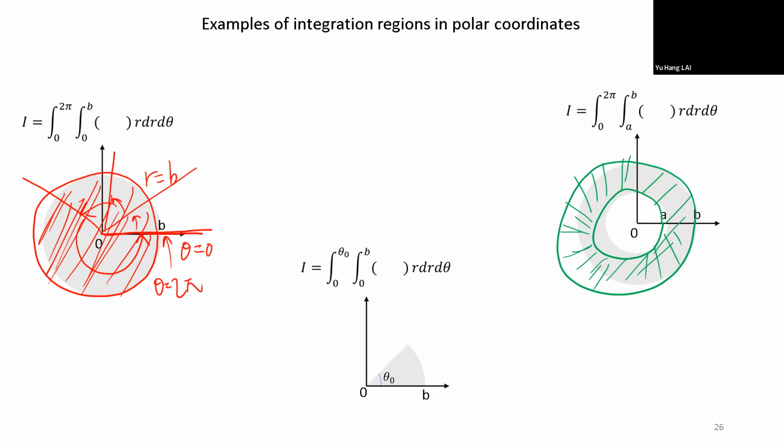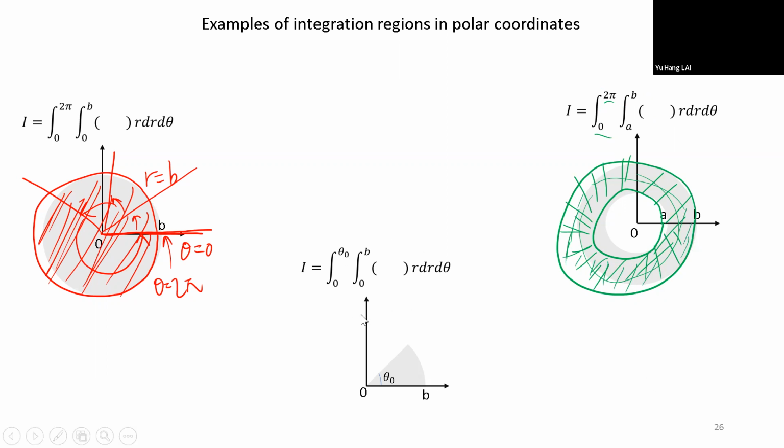But again, whether I'm considering the full region or just part of the region has to be determined by the theta limit. Again, my theta limit is going from 0 to 2 pi. That means I'm considering a line, and then I just let it sweep across the entire circle. So in this case, I'm considering a donut-shaped region.